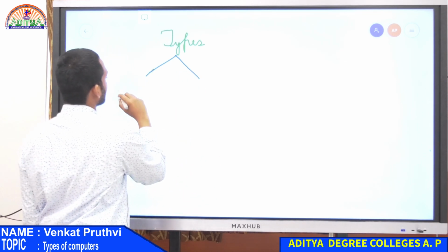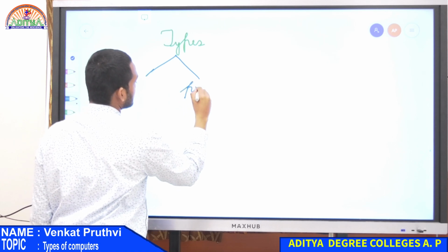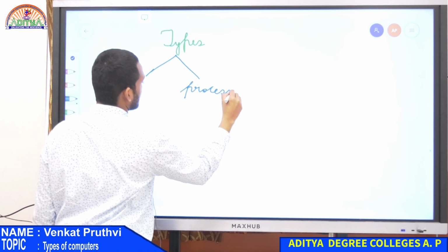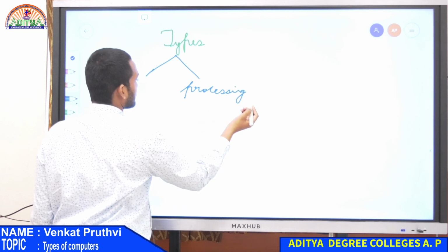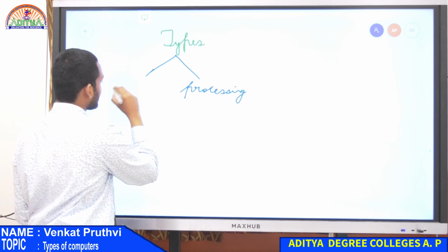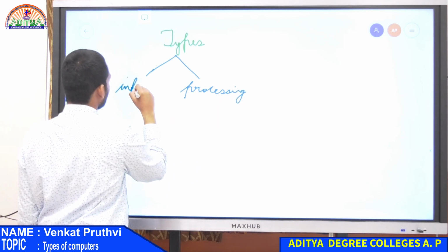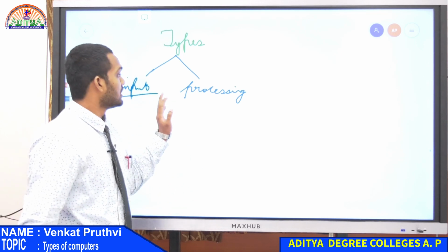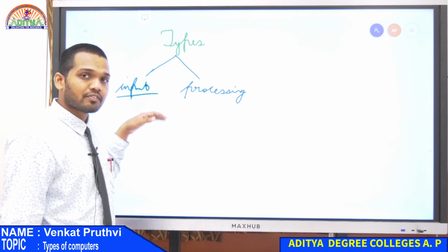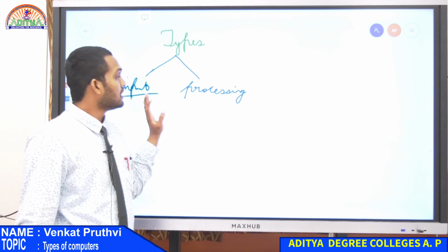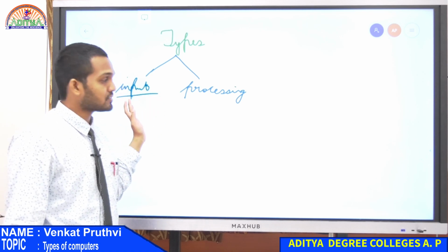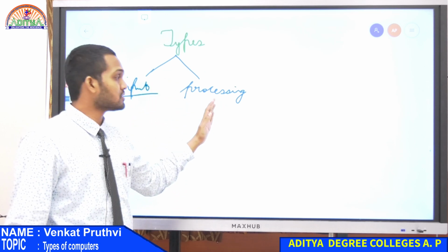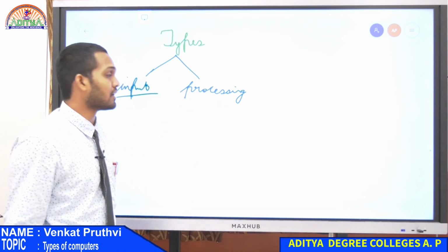One is based on the input that is taken by the computer, what kind of input you are providing. The other classification is based on the processing that we have.